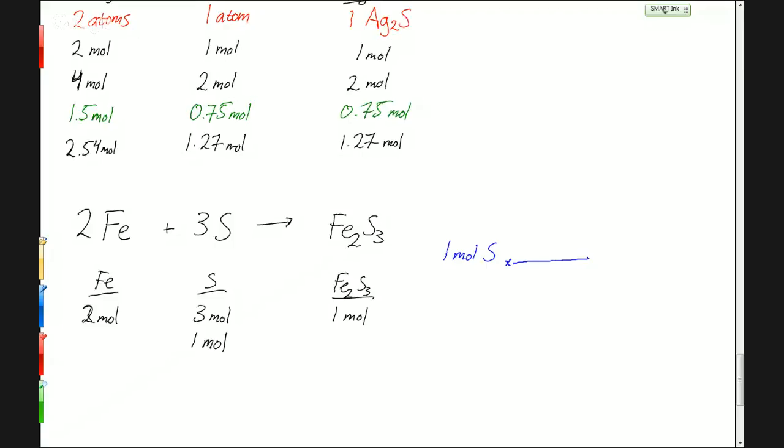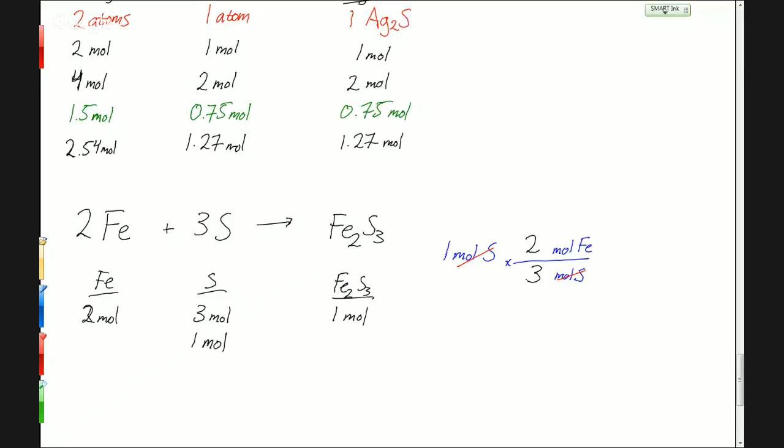So we would say, okay, what is the relationship between moles of sulfur on the bottom and moles of iron on the top? That should cancel units in moles of sulfur and give us moles of iron. We can get those numbers from the equation. So we just plug in the numbers that we find from the equation. 2 of these to 3 of these.